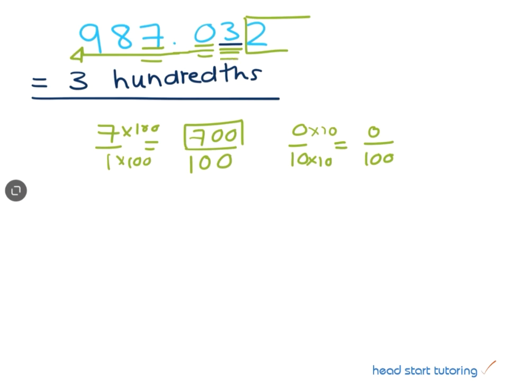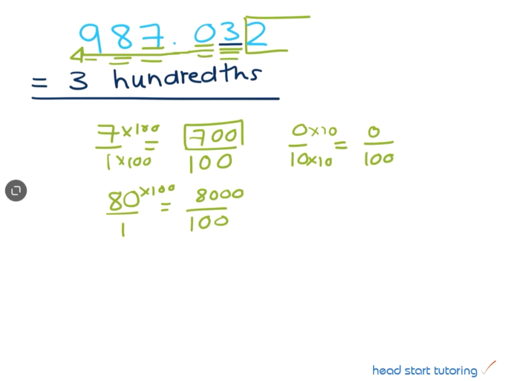So we've already got 703 hundredths in this number, but there's even more, because we've now got 80, or 8 tens, which is 80 units, and our 80 units will have, to get it into an equivalent fraction out of 100, we'll have 8,000 hundredths. So now we've got 8,000 hundredths plus 700 hundredths plus 3 hundredths gives us already 8,703 hundredths.